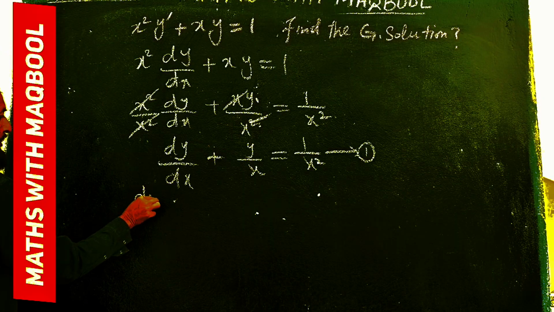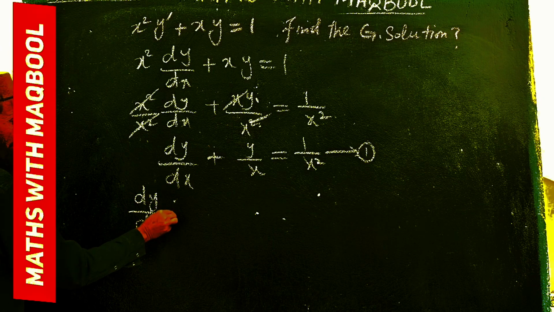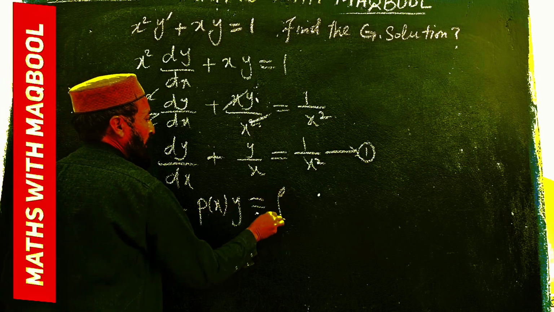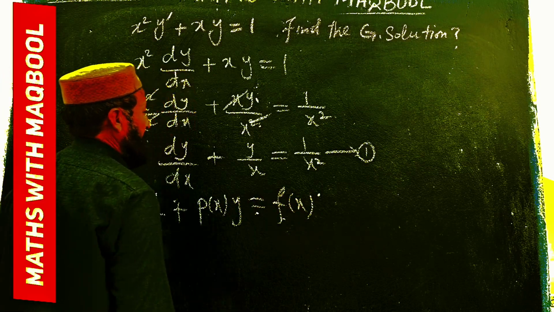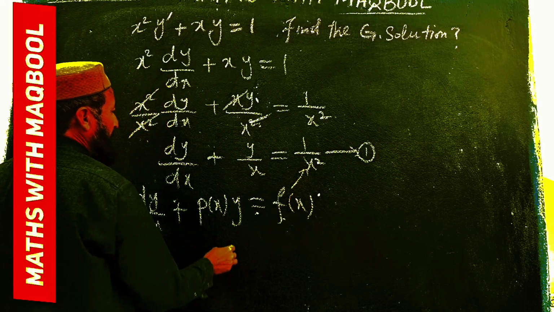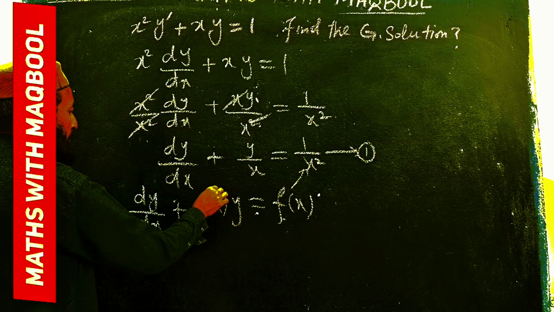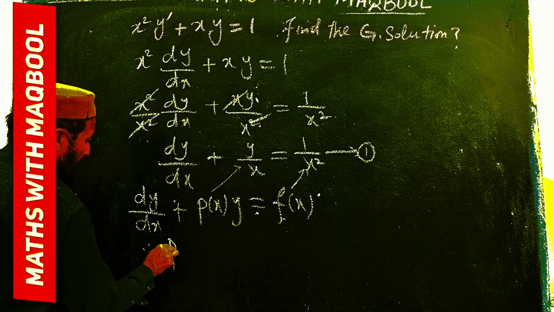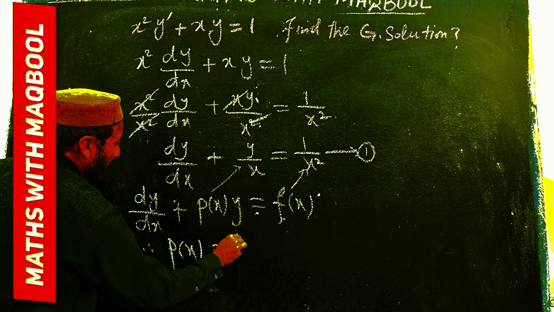Now we compare this equation number one with the linear differential equation. As we know, dy by dx plus p of x into y is equal to f of x. Here p of x is equal to 1 by x.